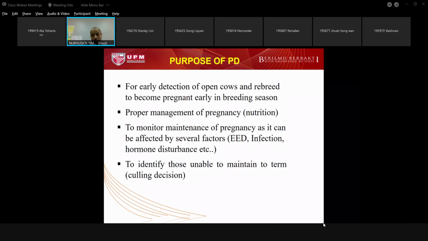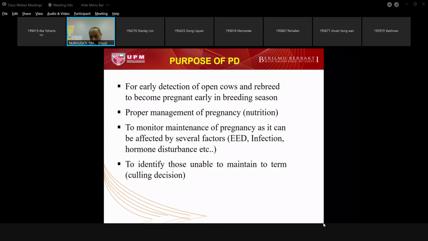To be able to decide to cull this animal, you need to at least assess and evaluate it by giving a trial. After three successive breedings, if this cow is not able to achieve pregnancy, checking every post-breeding period, then you will have to decide to cull this animal, because there's no benefit to keeping it except loss. So that is another advantage or purpose of having pregnancy diagnosis in your reproductive management program.